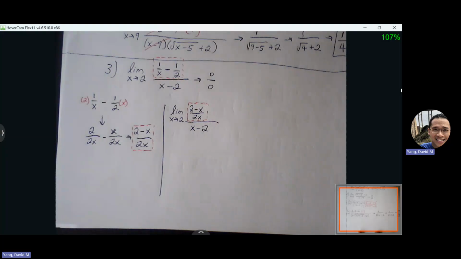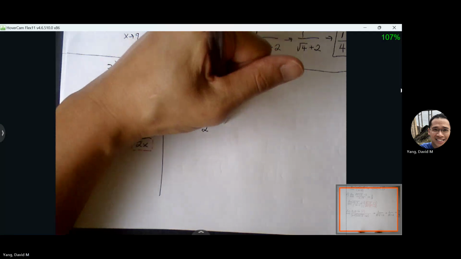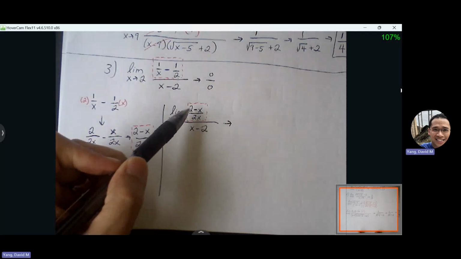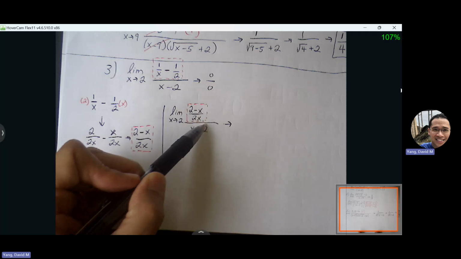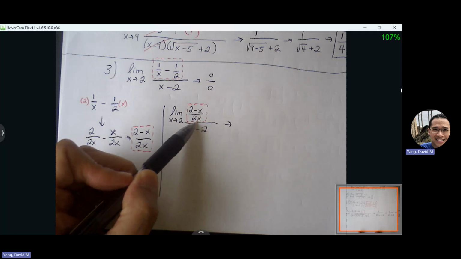So there's my updated complex fraction after I merge the 1 over x minus 1/2. Now we can think of it as this dividing by x minus 2, and same thing as this multiplied by the reciprocal of x minus 2.